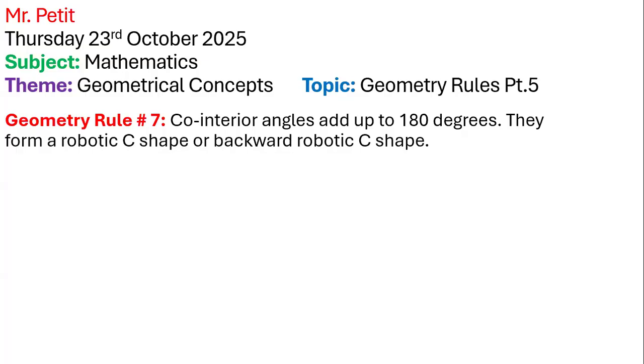What shape do co-interior angles form? A robotic C shape. A robotic C shape. Very good. And what do they add up to? 180 degrees. Very good. They add up to 180 degrees.